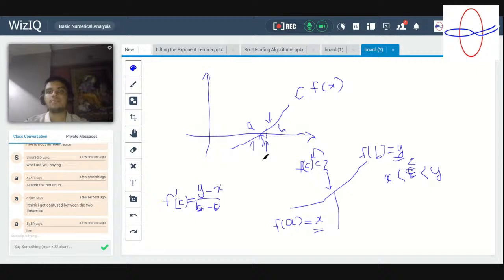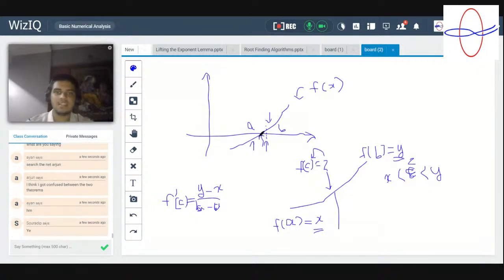So again, applied to roots, what that basically means is that if there's a negative value here and a positive value here, then there must exist a root in between, right?